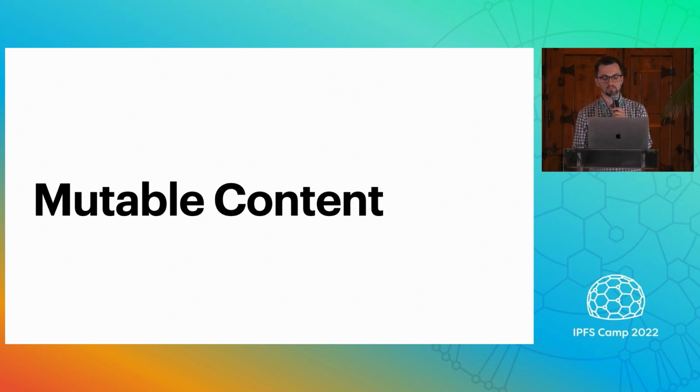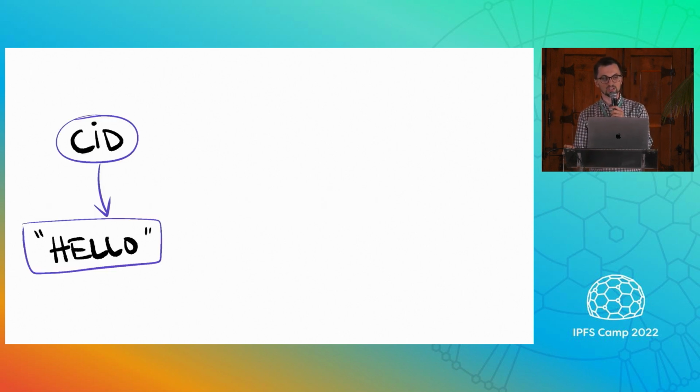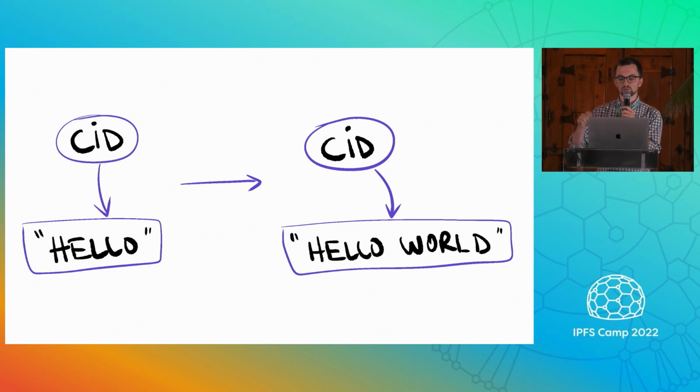So if we talk about an application, we need to talk about mutable content, because we want documents, we want to change them, and well, we need mutable content on an immutable network. So traditionally and conventionally, this is done on IPFS by having a mutable pointer like an IPNS name, right? So you have some piece of data, you want to update it, you create a new piece of data, and you flip the pointer to the new CID.